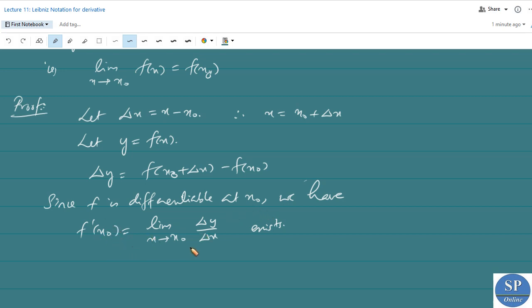So f dash of x naught exists, that is, the limit of delta y by delta x exists.